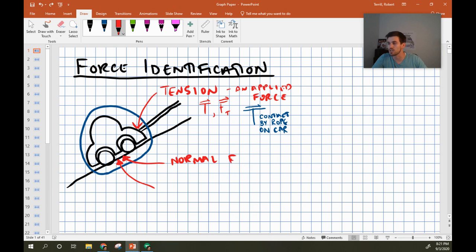Oh, yeah, that's ugly. Handwriting's terrible. Sorry, guys. There's a force called the normal force, and I'm going to use either N for normal force, or maybe I'll use F sub N to represent normal force. Those are the two most common ones. You always know that a normal force, and you need to memorize this, is always perpendicular.